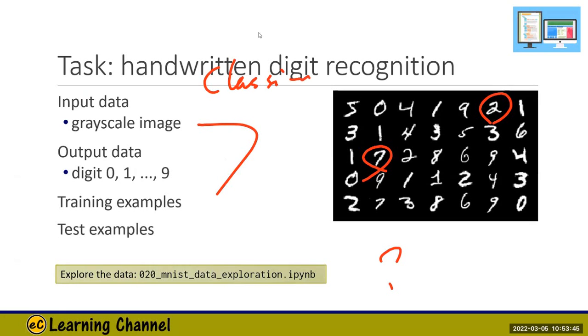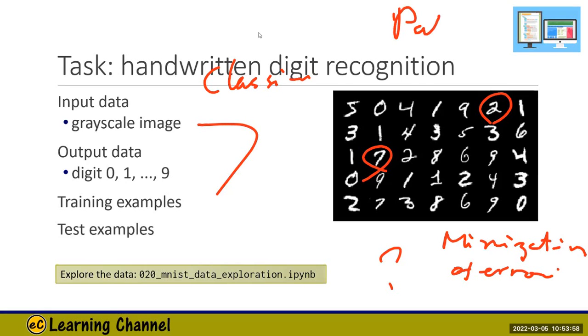Classification is minimization of error. You can also call this pattern recognition.